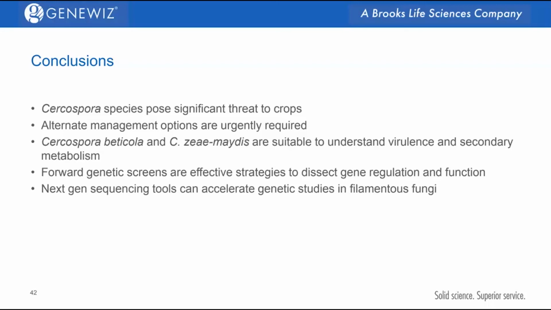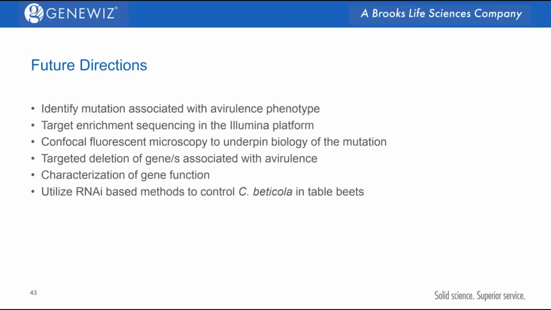in other crops. Since I've done so many forward genetic screens, I think they are effective strategies to dissect gene regulation and function, and I feel that next generation sequencing tools can accelerate genetic studies in filamentous fungi and Cercospora species. Now, going into future directions, we still have a lot of work to do on the mutant strains in Cercospora beticola, which is to identify the mutation associated with avirulence.